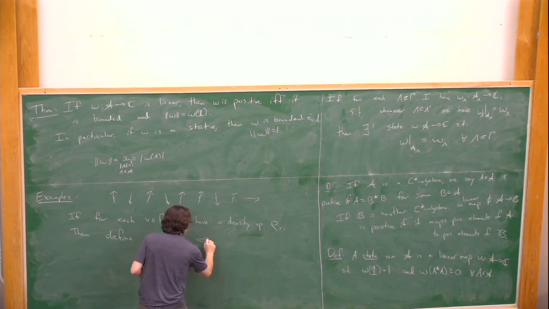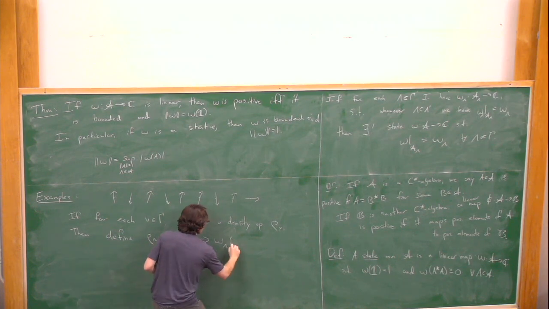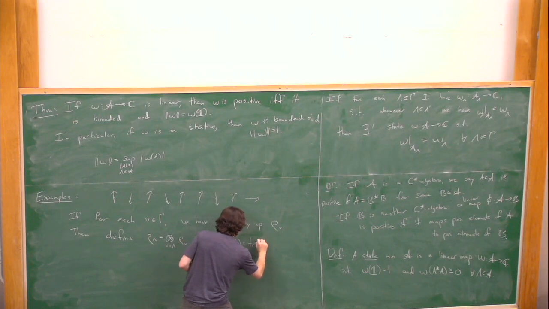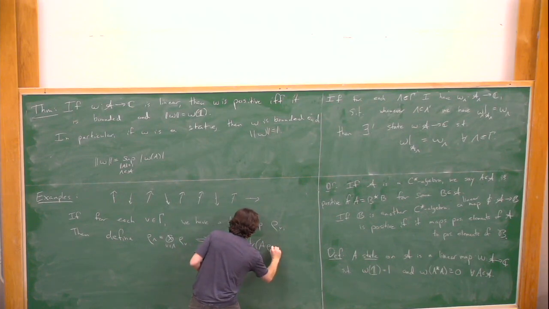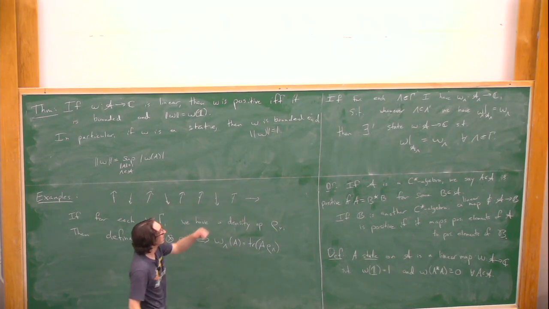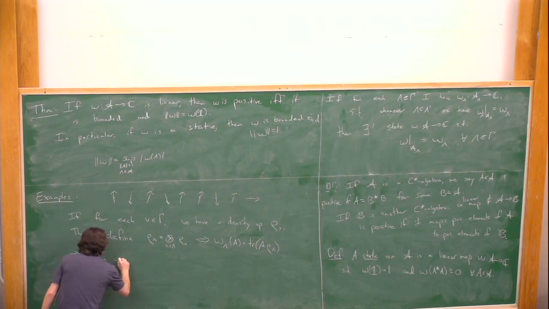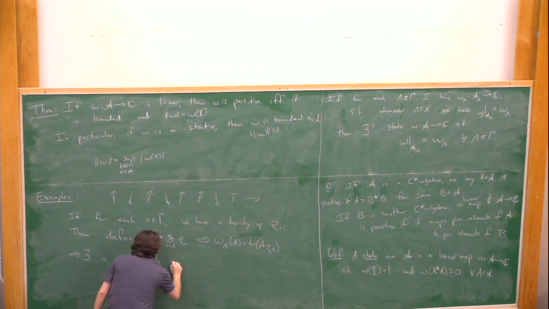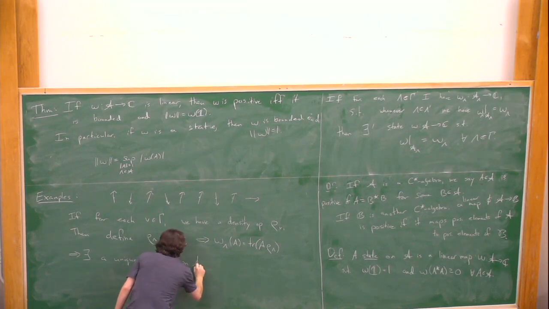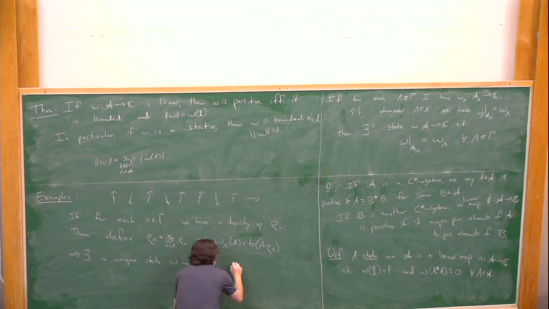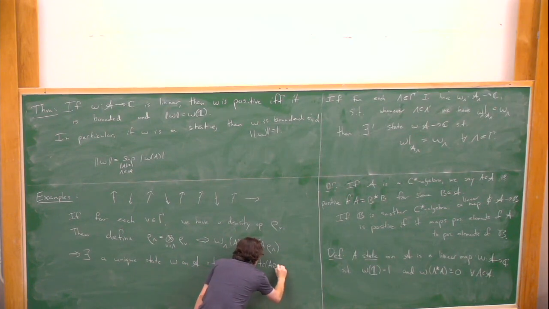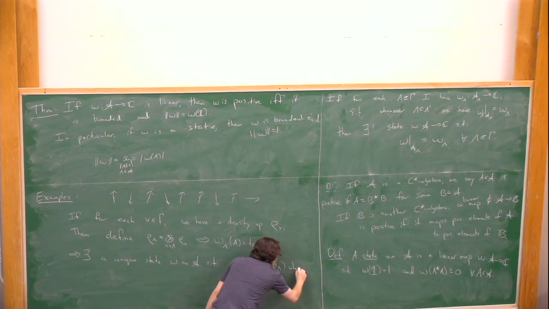And this gives you an omega lambda, which is the trace of A rho lambda. And these satisfy the coherence conditions I need. So then there exists a unique state omega on A such that omega of A is equal to trace of A rho lambda whenever A is in A lambda.